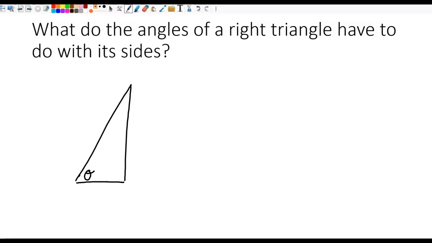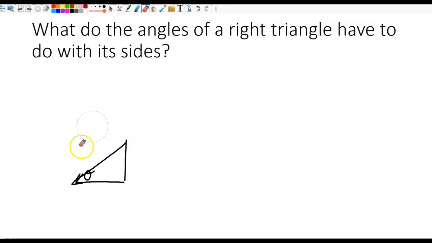Right now, it's opened up. It looks like I would say that's probably pretty close to about 45, maybe a little bit wider. I'd say maybe 60 degrees. Okay, but what if I were to crunch that angle down to only maybe 30 degrees?